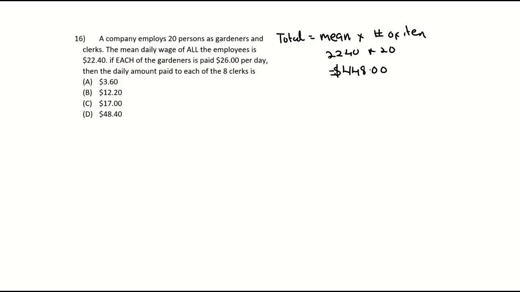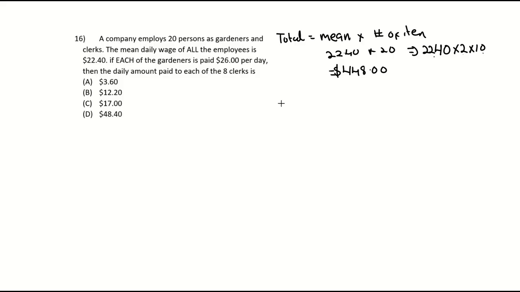Again, when you multiply, think about it like this. Don't try to do all of this. Remember, this is 2240 multiplied by 2 multiplied by 10. It's easier to do it like this. 2 multiplied by this multiplied by a 10 would give you this, and then you carry back your decimal point two places. Right? This is an easy way to do it, especially if you're trying to do it very quickly.